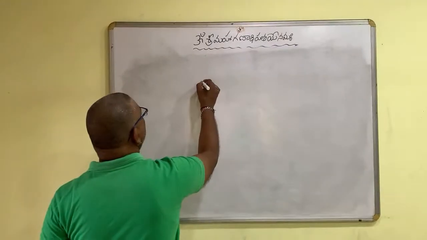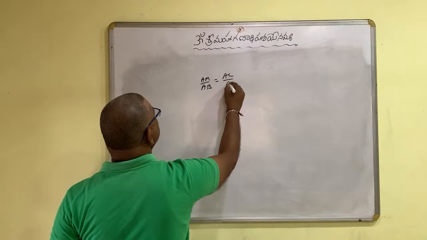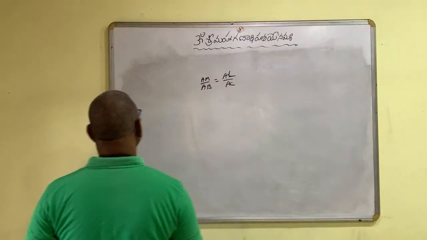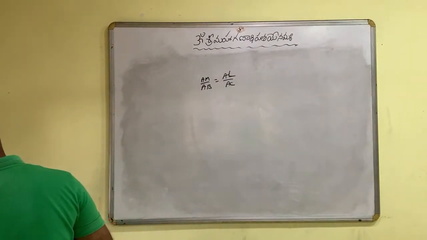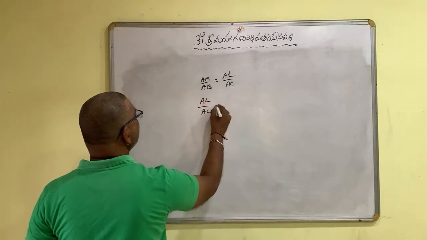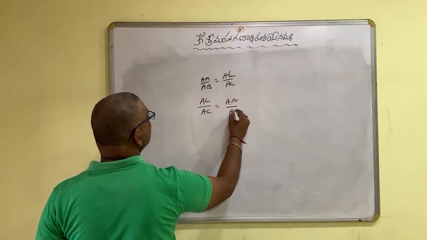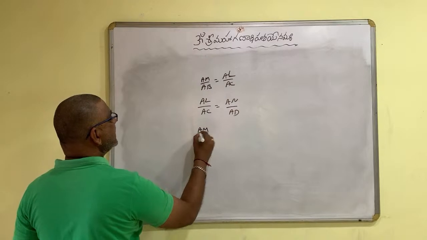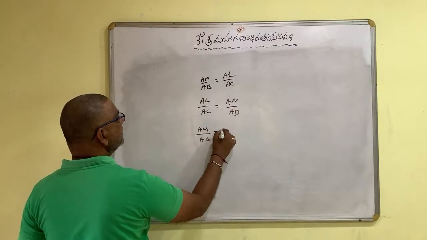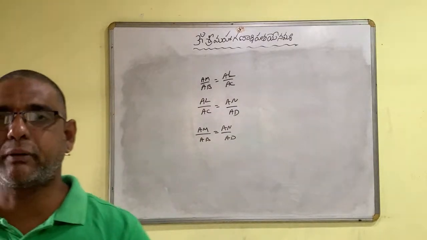Directly you can write AM by AB equal to AM by AC. This is the first statement. Second statement, AM by AC equal to AM by AD. So from these two we can directly write AM by AB equal to AM by AD. That's all. 3 steps, problem done.